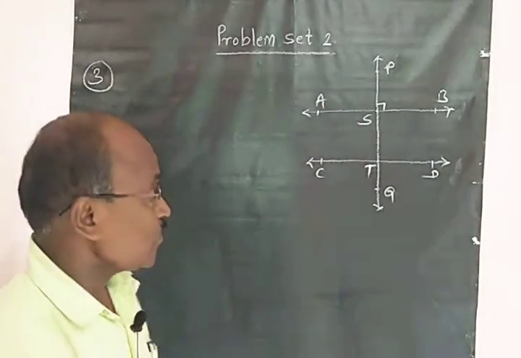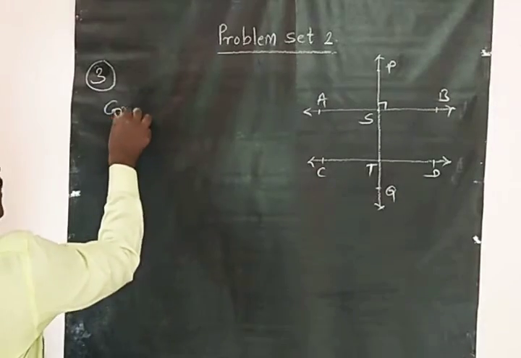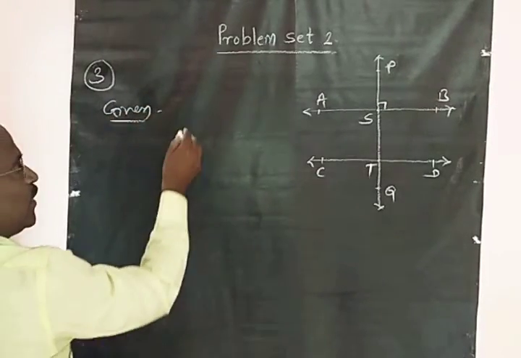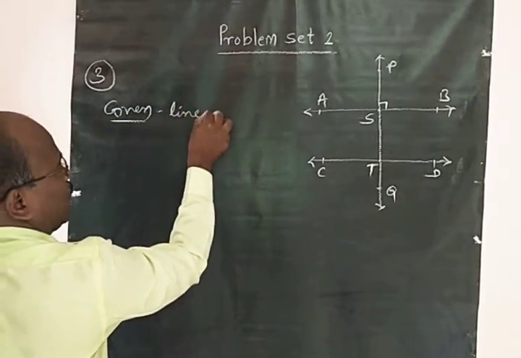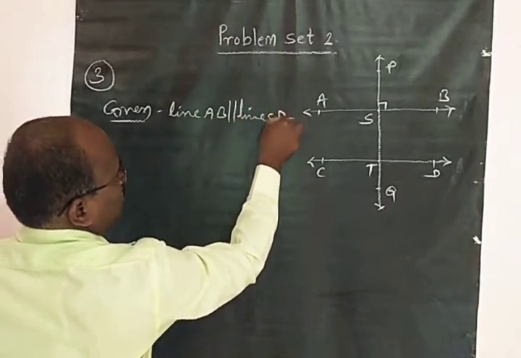Okay, now look here, what is given here? Given, line AB is parallel to line CD.